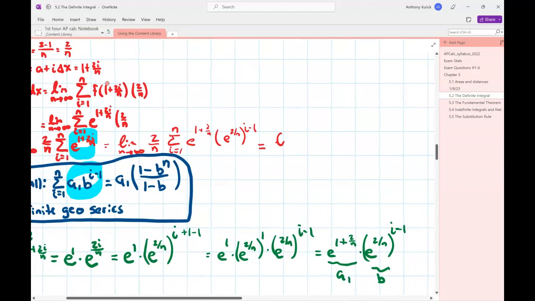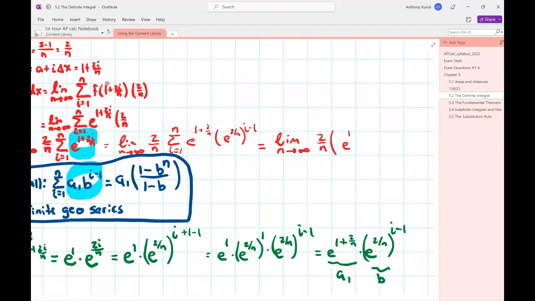And now I'm going to go ahead and use my formula for my finite geometric series. So that's going to be e to the 1 plus 2 over n, that's my a1, times 1 minus e to the 2 over n to the n, over 1 minus e to the 2 over n.